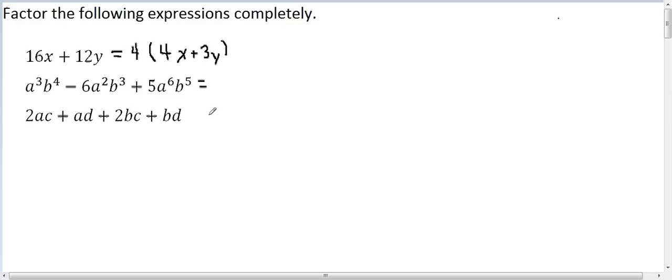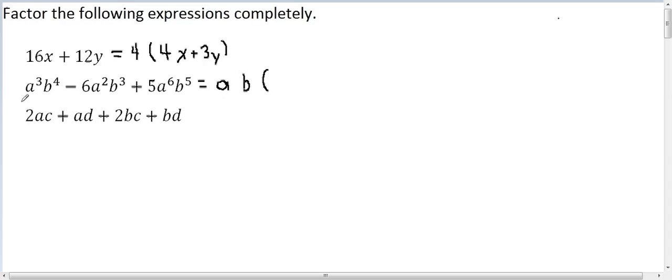But if we look at all three terms, they have some power of a and b. So we should be able to factor out some power of a and b from each expression. So I'll just go ahead and write a and b here.